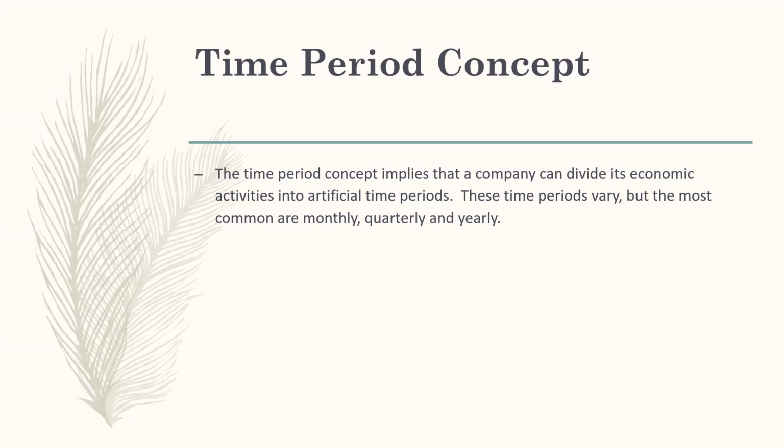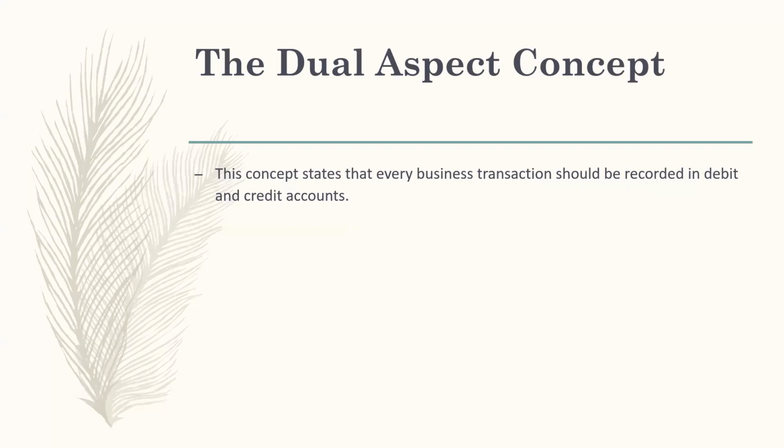Okay. So we have dealt with the time period concept. And the last one is the dual aspect concept. This concept states that every business transaction should be recorded in debit and credit accounts.